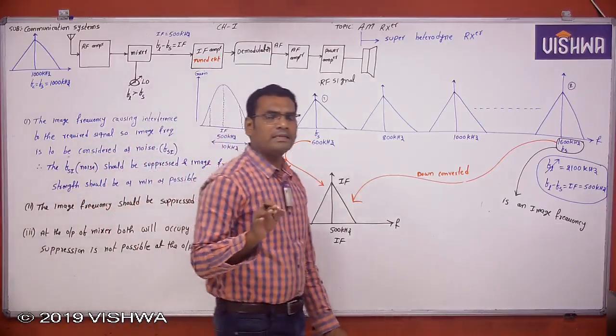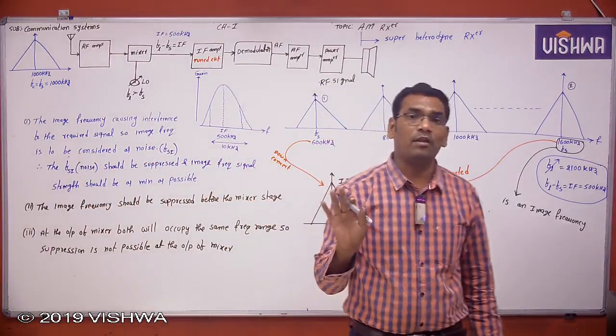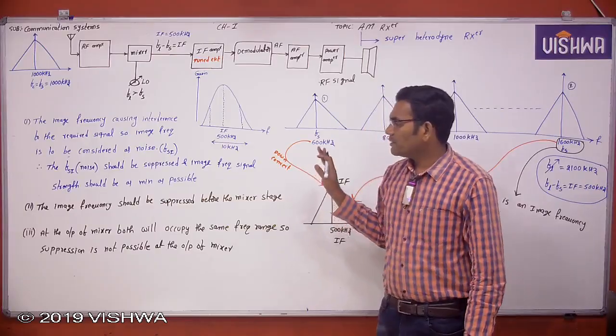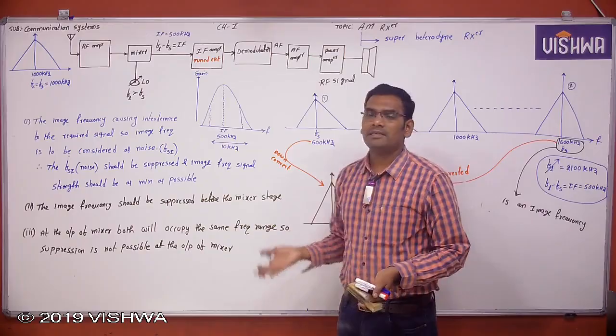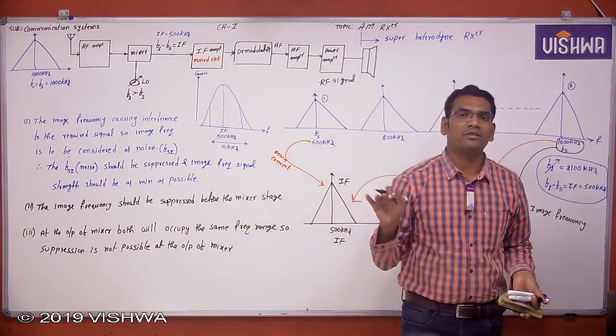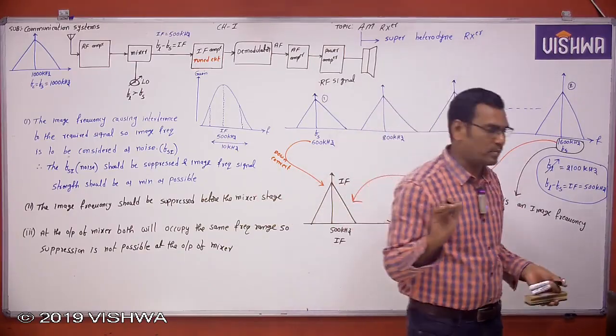Image frequency is nothing but a noise signal. So we want to suppress the noise signal strength as minimum as possible, such that the signal strength is as good as possible. Signal to noise ratio is very, very high. Okay, note down those points.